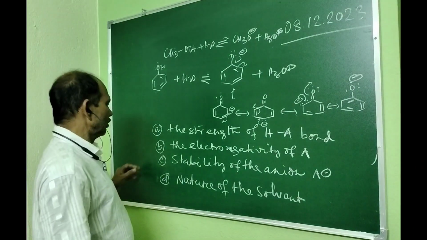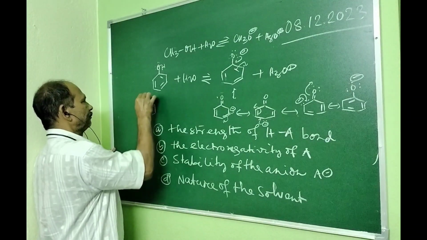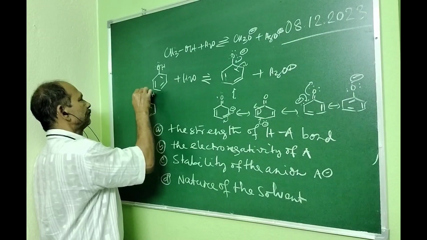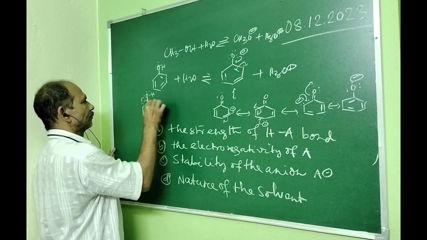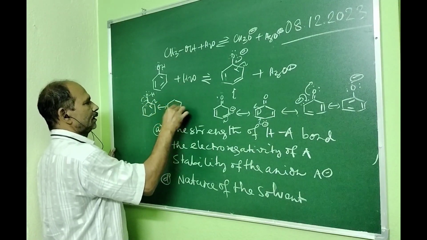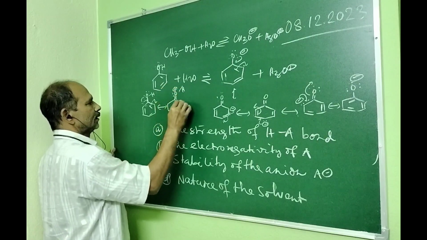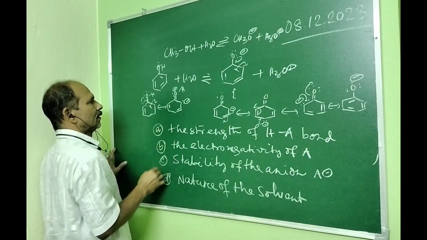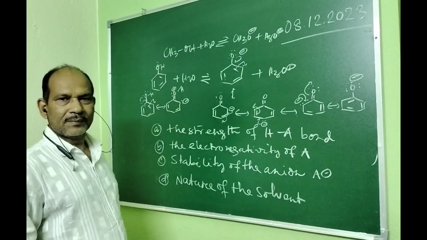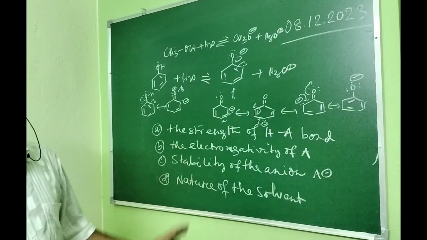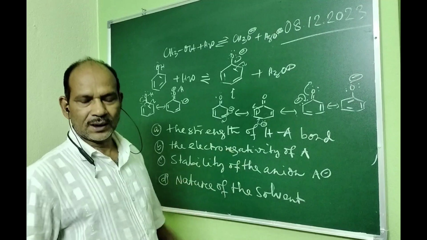Because in phenol we get resonance structures like this, where oxygen is positively charged. Here positive and negative charges are separately localized, but in case of phenoxide ion, only negative charge is delocalized.